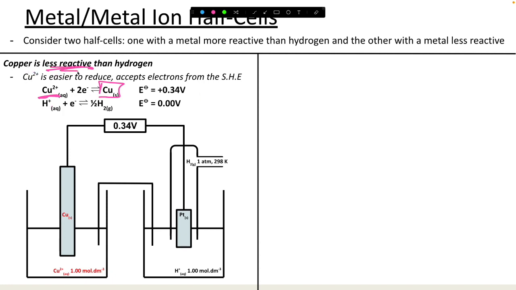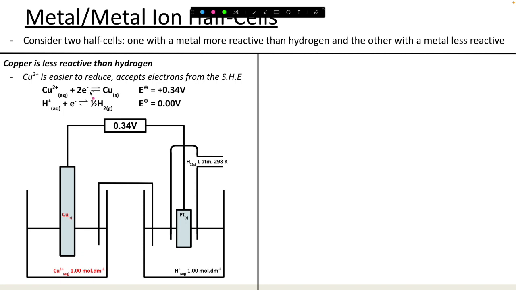So if our copper is less reactive than hydrogen, the copper is not going to want to react because the hydrogen is there, which can. Another way to think about this is that copper's much less reactive, so copper wants to stay in that atomic metallic form. Again, it doesn't want to lose those electrons. So what this means is that copper is easier to reduce than the hydrogen system that we have here.